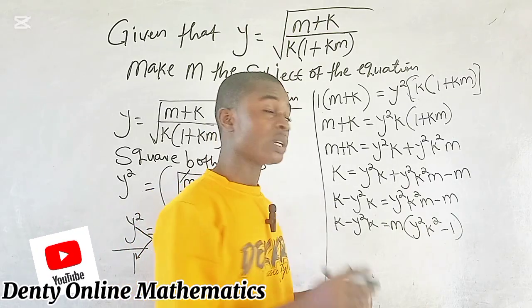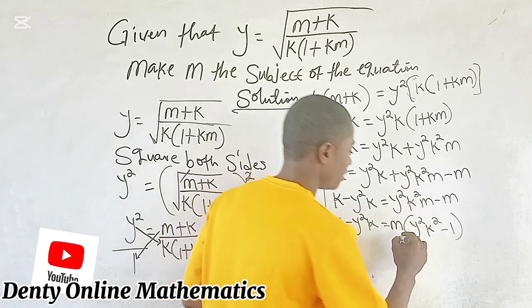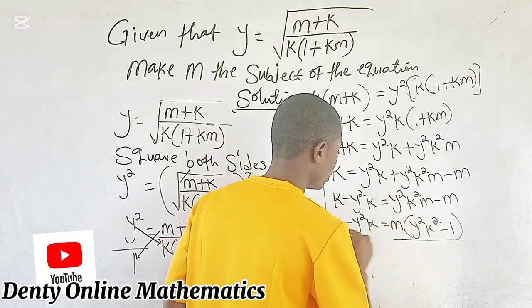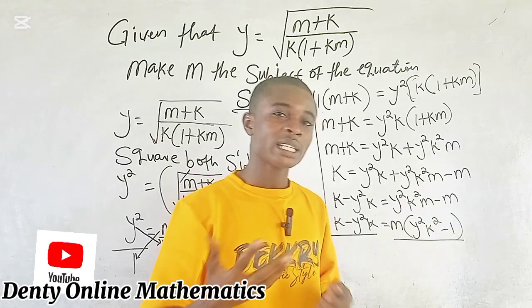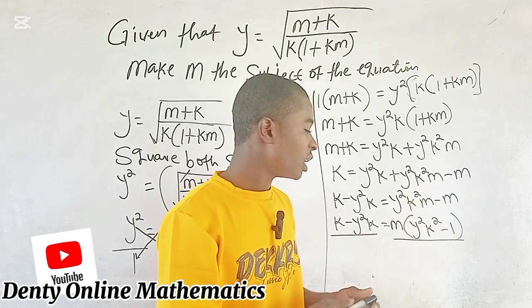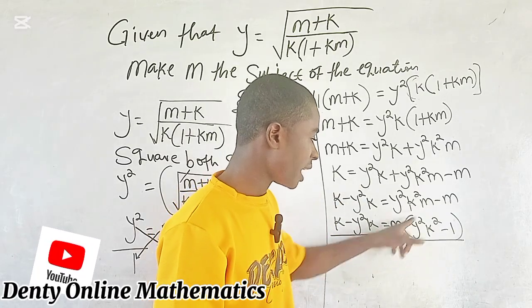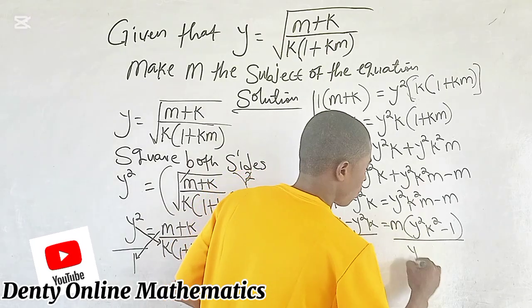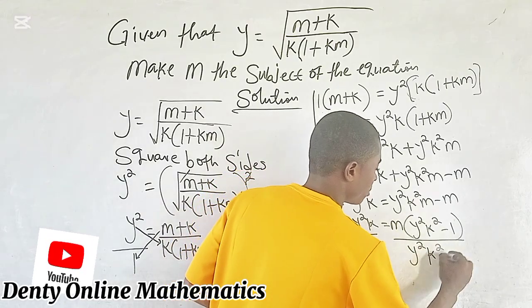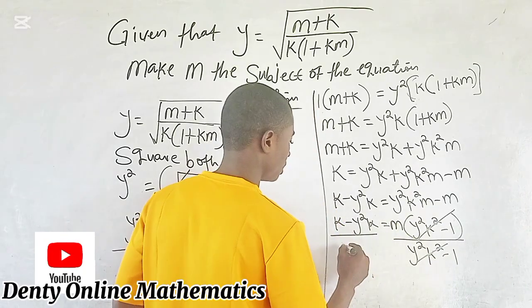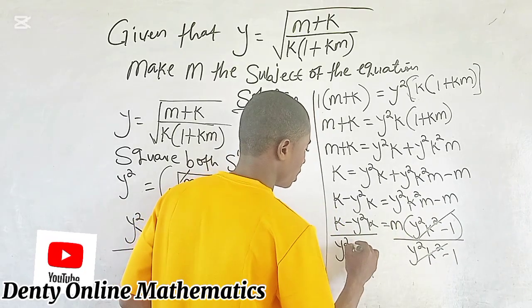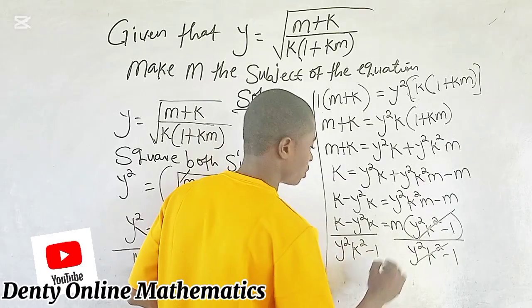You get? I want to make m to stand alone, so I can divide both sides by the coefficient of m, and coefficient is that number or that thing behind the unknown. So the coefficient of m is what is behind m, and that thing is what? Y squared k squared minus 1. So this will cancel away, and then I'll still divide here by y squared k squared minus 1.